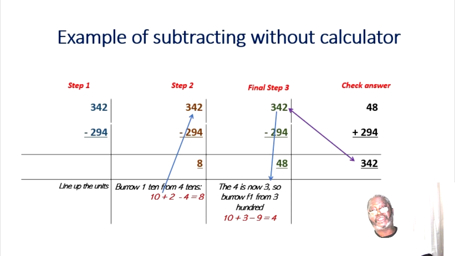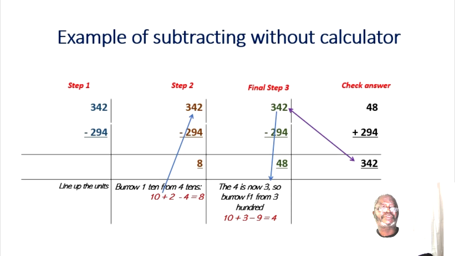What you need to do is to check it. Take the answer and add it to one of those figures and you should be able to get your answer right. So you take 48, add it to 294, you will have 342. Or if you take 294 and add 48, you'll get the same thing.